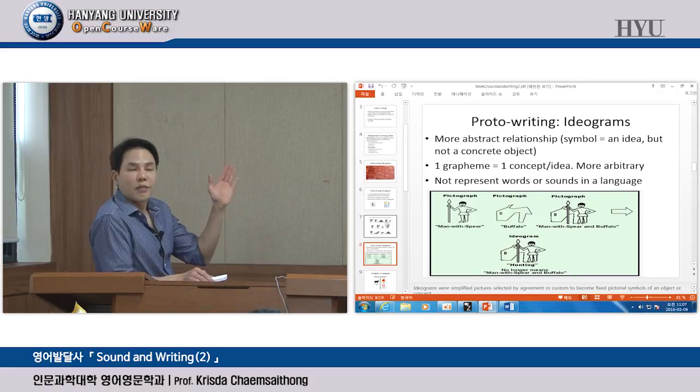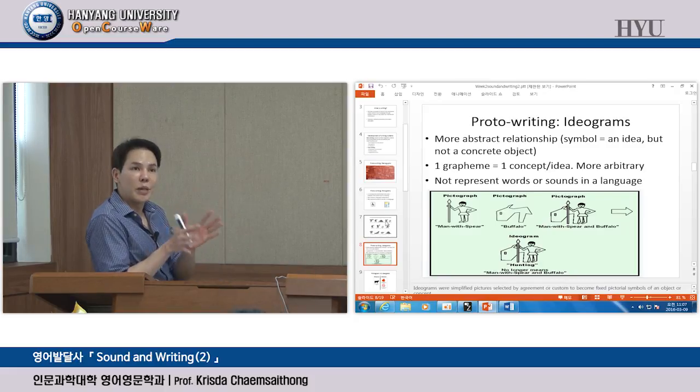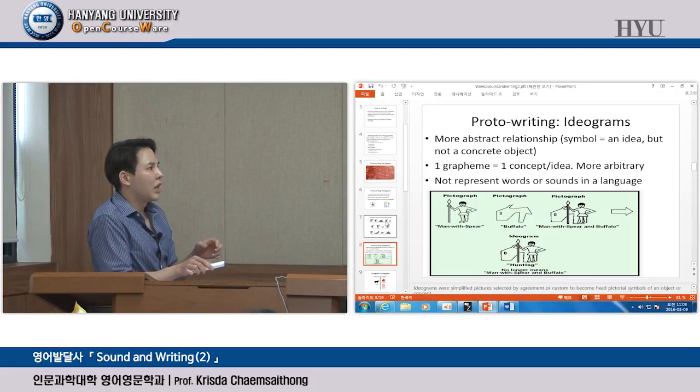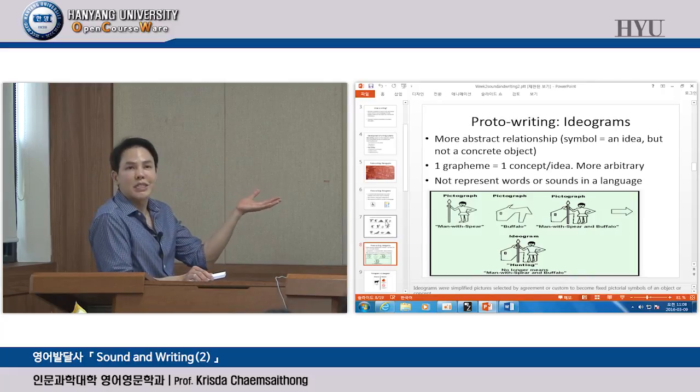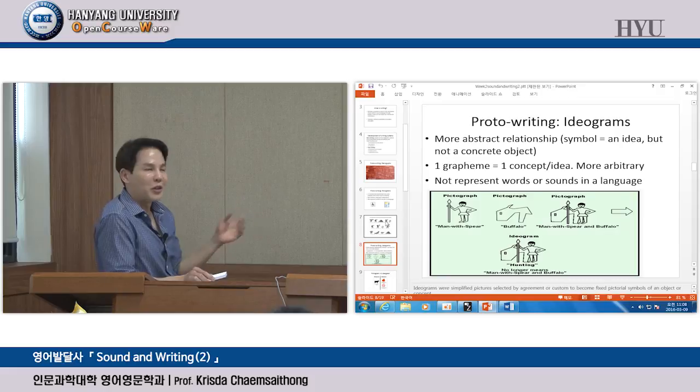So let's see the development. You have a pictograph here, a man with a spear. It's meant to resemble that object or that person. And this is supposed to be a buffalo, so that person's artistic skills allow him to go that far. We might look at it differently; we don't think of it as a buffalo.